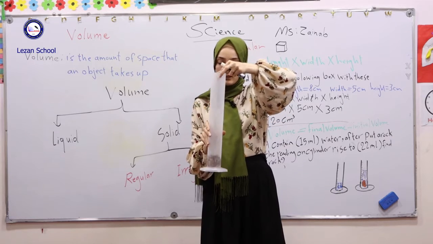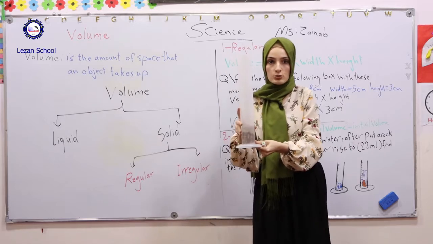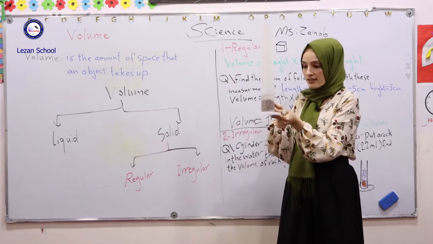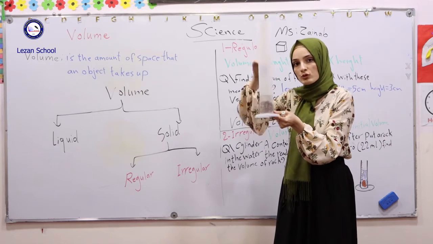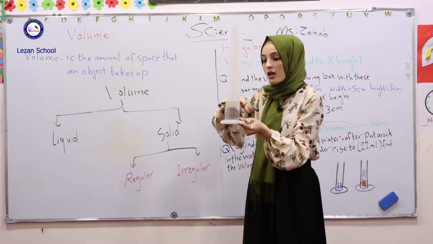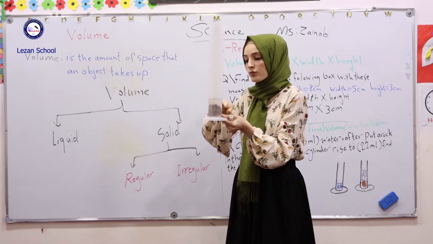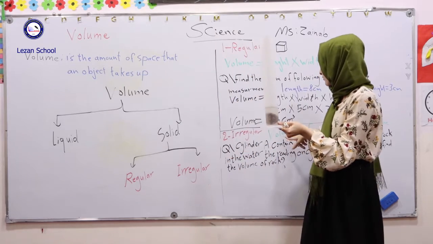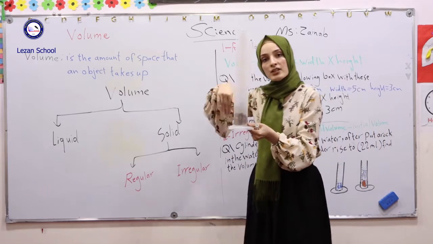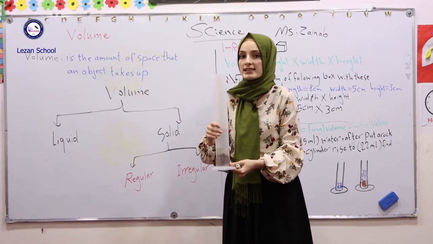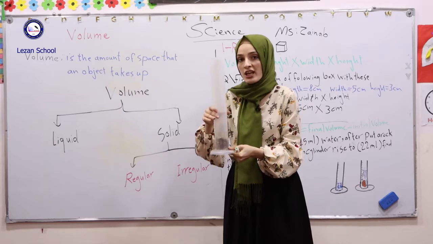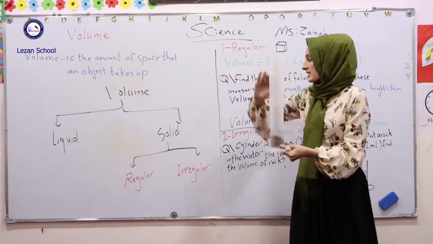Put it in this water, and you can see the level of water is changed. It is raised. Before we put this rock into the water, we measured the volume, 50 milliliters. But after you put the rock into the graduated cylinder, the volume is changed. It is raised.